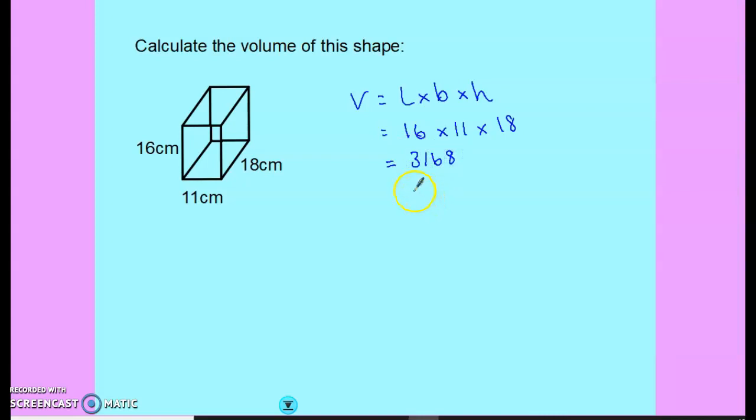Now your units for volume would be centimetres cubed, because you're looking at the amount of three-dimensional space it takes up. Three things multiplied together to get your volume of a cuboid. So it's centimetres cubed we use this time, not squared.